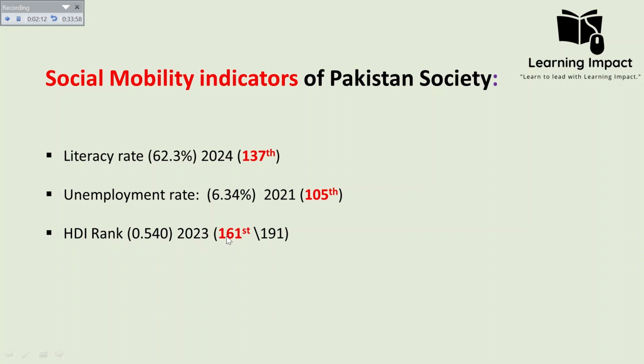There is always theft in the budget, and always accusations of nepotism. So such initiatives can never be as fruitful as we can expect. That's why we can say that these are the social mobility indicators of Pakistani society.